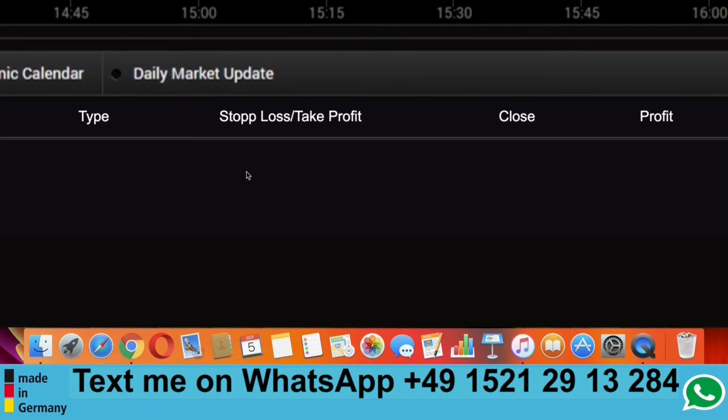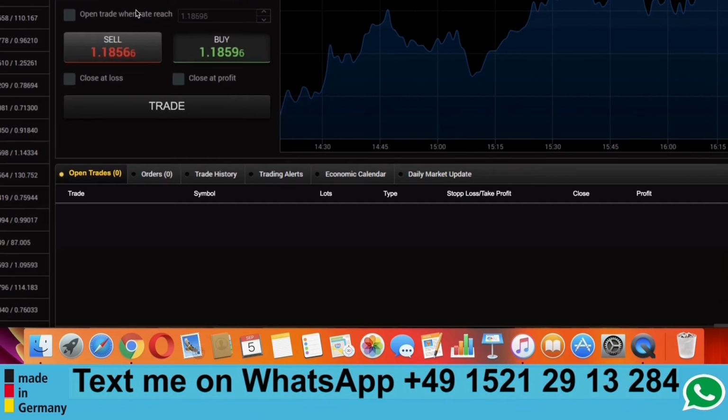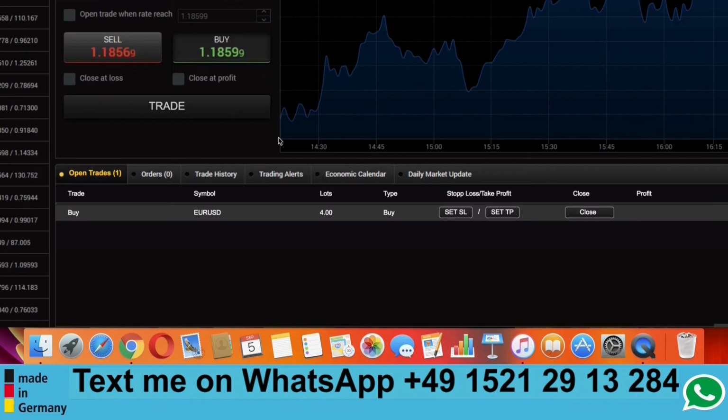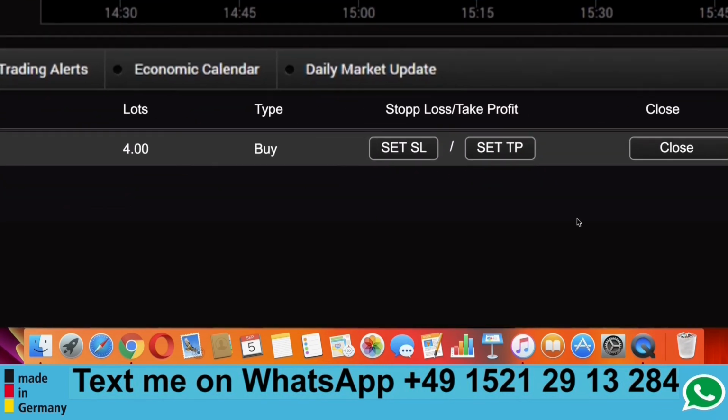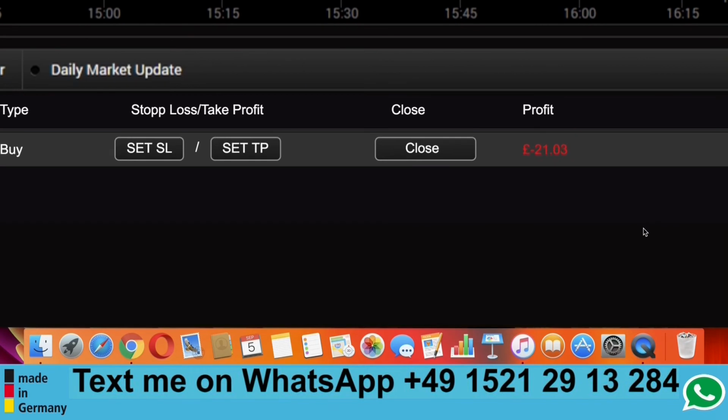Because we are having leveraged trading here, that means that the broker gives you the money so you can trade. So for example, if I trade with a leverage of 400 and I trade with 10 pounds, I don't actually trade with 10 pounds but with 4,000, and that is the trigger, that is the leverage, that's what makes the trade so fast and so furious, as you can say.